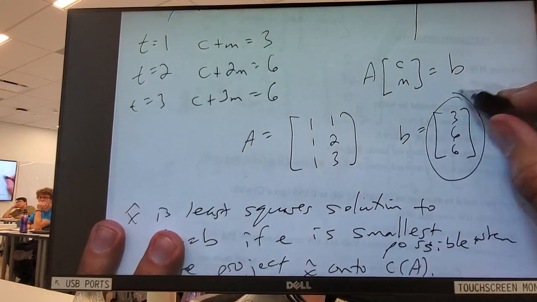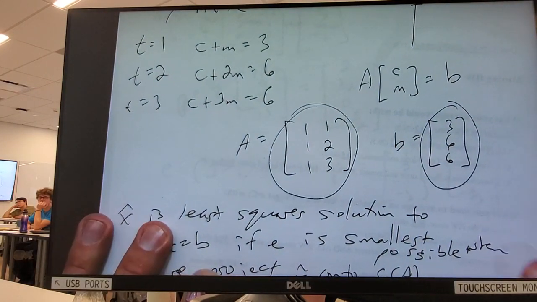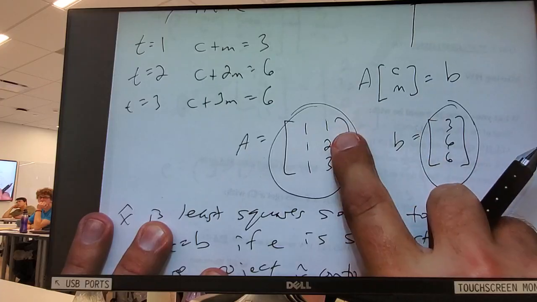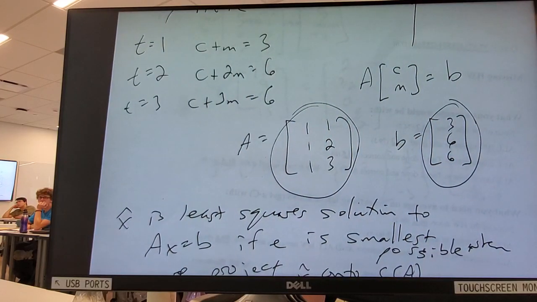If this is in the column space of these, what should I get when I augment, when I put this in? How do I say that in a different way? Let's see, what do you get? You remember this? The identity.